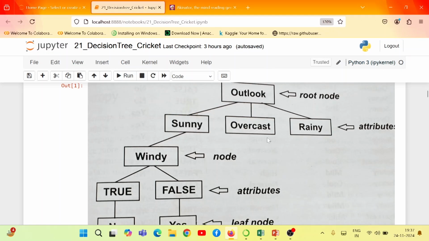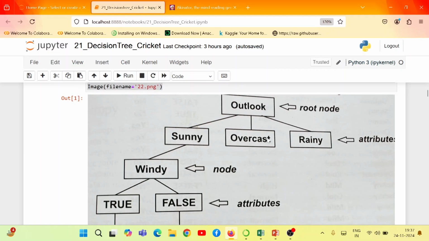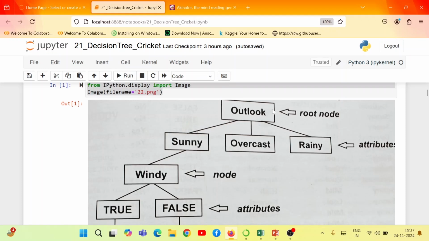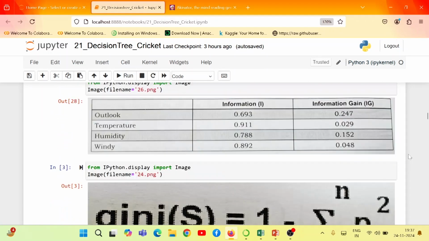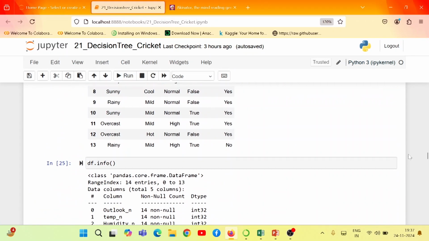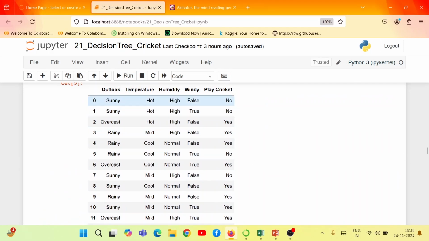If we observe this tree while drawing the conditions, why do we represent outlook as the root node? That is a big question. If we observe the data, we can understand that there are other columns as well. This is the data corresponding to this decision tree.